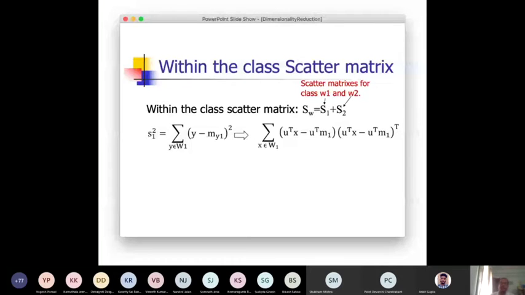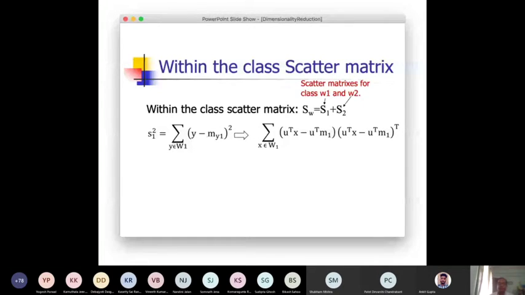Similarly, now this is the interesting part. You can express the S1 square in terms of the scatter matrix of that class S1. So you can replace this equation equivalently in this form. Is this clear?